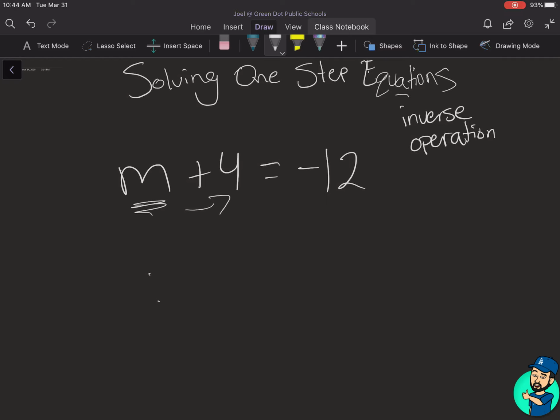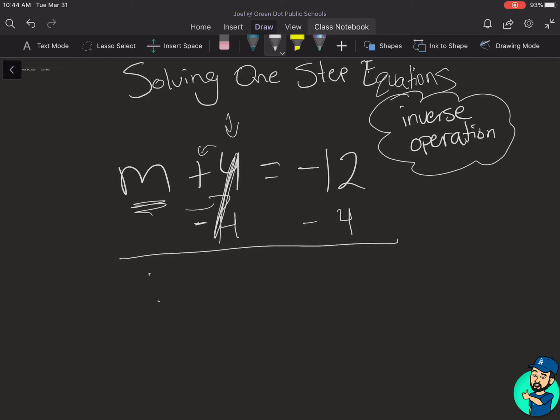Now we need to apply again the inverse operation. You look at this 4. Is the 4 positive or negative? It's positive, and you can tell because there's a plus sign right in front of it. So you need to apply the inverse operation, the opposite operation of positive 4, which is negative 4. So you need to subtract 4 from both sides.